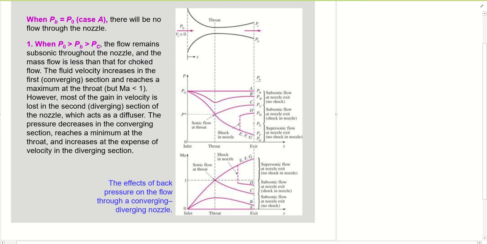We have pressure curves at A, B, C, D, E, F and G. In the first case, A, we set the back pressure equal to P stagnation, P inlet, or P0. As usual, there is no pressure difference, so of course there is no flow. You can see there is no variation, and the Mach number is also 0. No flow, no mass flow.